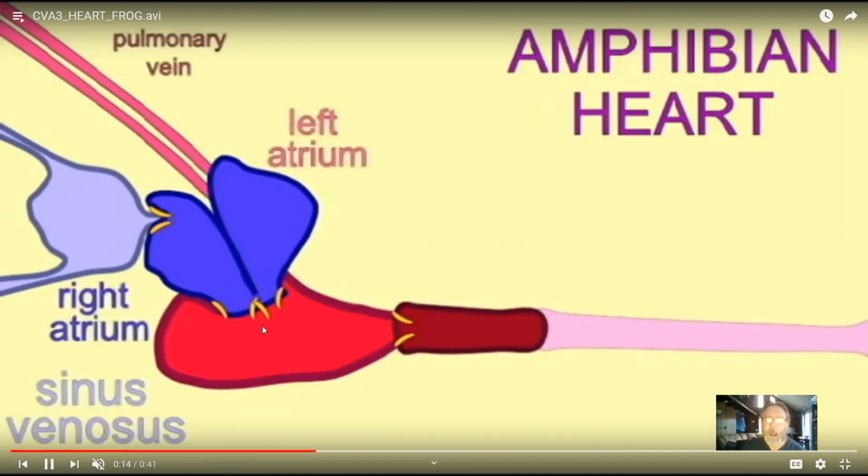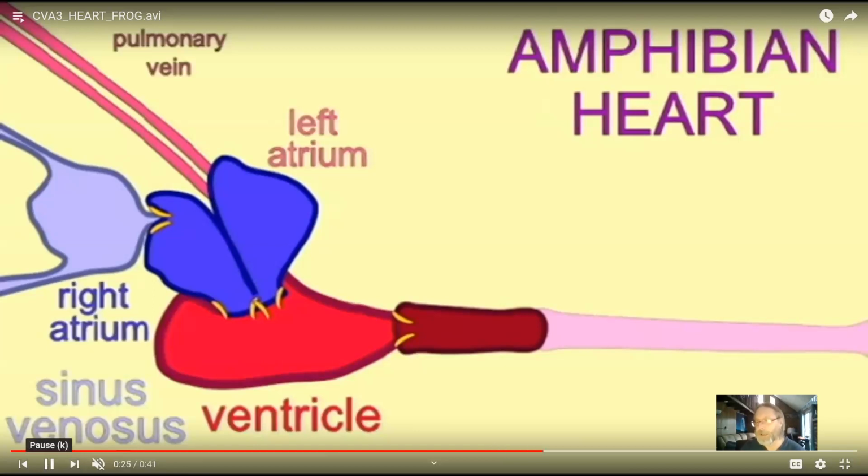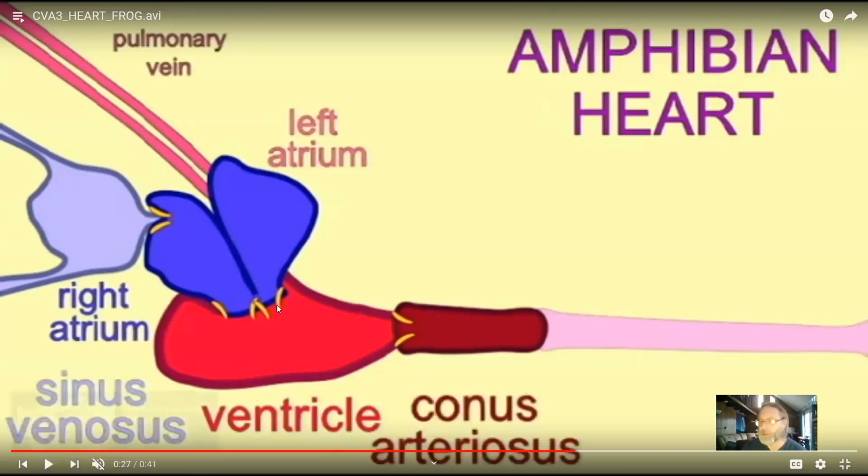All right, and so one could say, oh, that's horribly inefficient. The blood is now mixing. You're mixing oxygenated and deoxygenated blood. That could be true. However, it's more complicated than that, because both of these chambers empty into the ventricle, but that doesn't mean they have to be emptying in at the same time. And so there can be other ways of keeping blood separate.